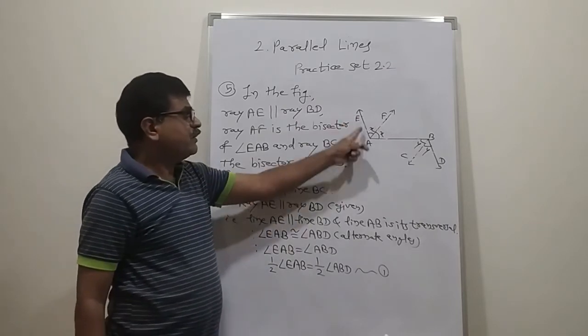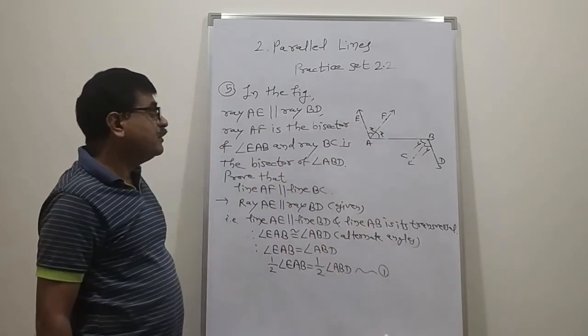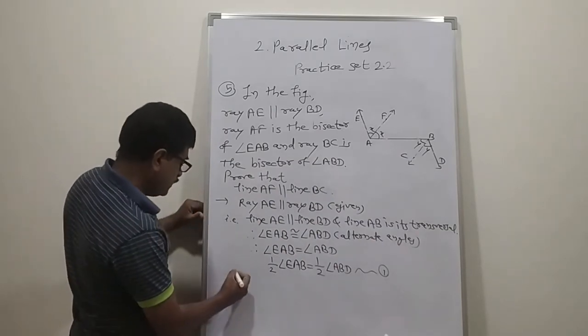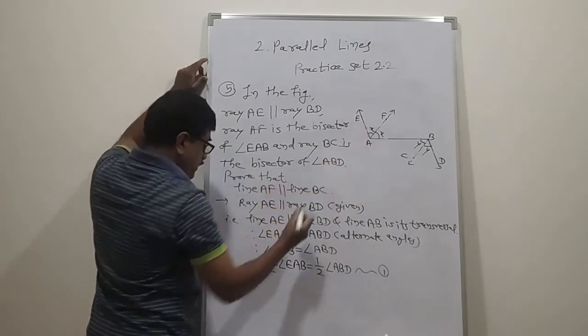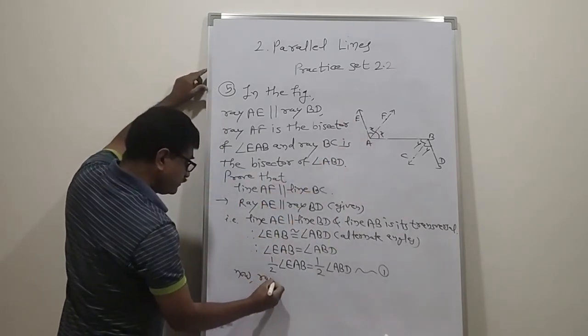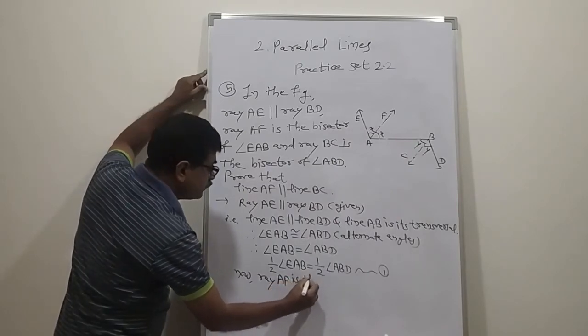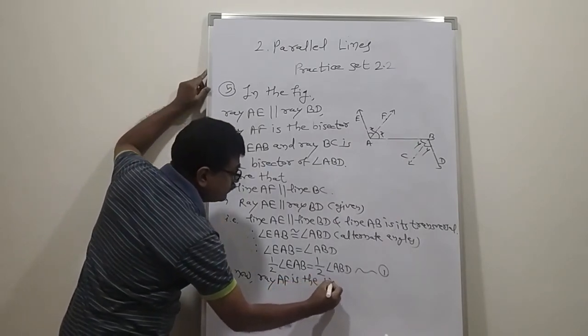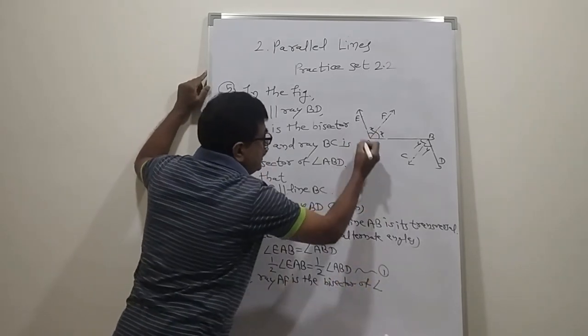Now, ray AF is the bisector of angle EAB.